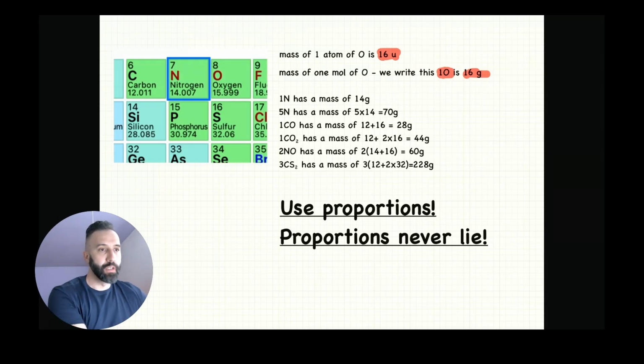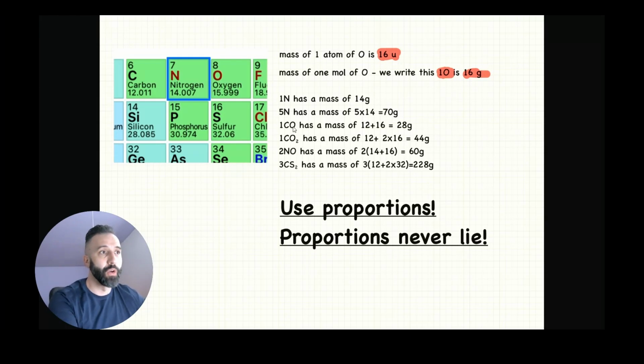And it's good to remember that the way we denote 1 mole is we put a capital one in front of an element or compound that we're working with. That means it's 1 mole. So basically, 1N means 1 mole, and it has a mass of 14, right? 5N is 5 moles, and the mass of that is 5 times the mass of 1 mole, right? 1CO, when you have compounds like this, you have to add the masses.